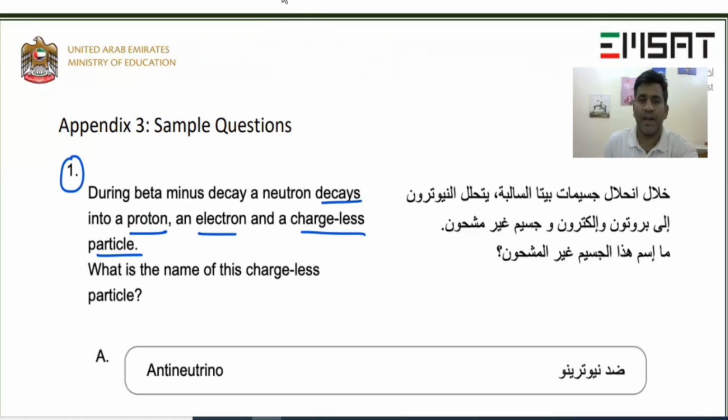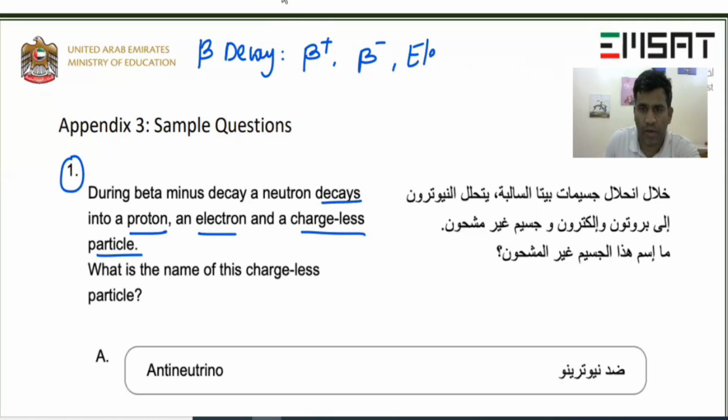There are three subcategories of beta decay. If I write beta decay, we can write it into three categories: beta plus, beta minus, and electron capture. So what are those?